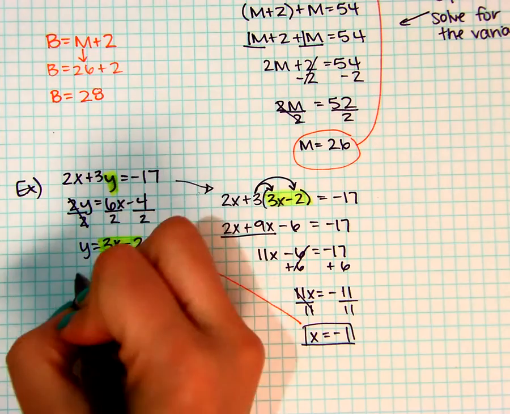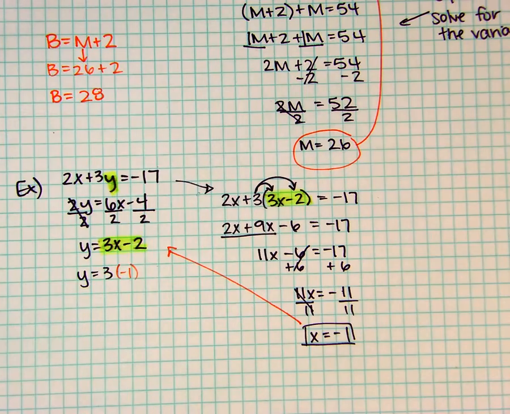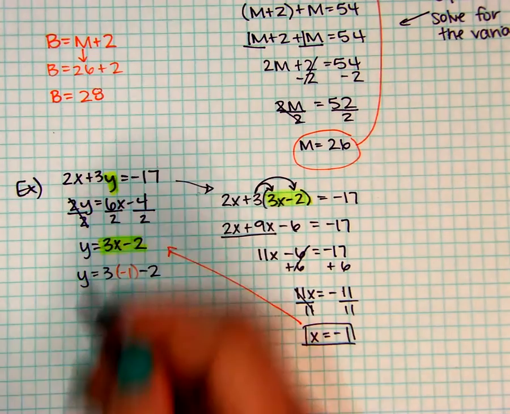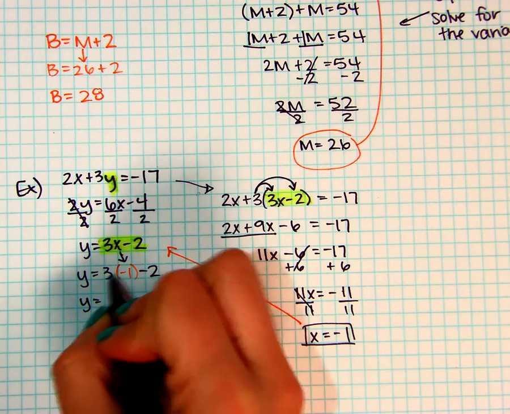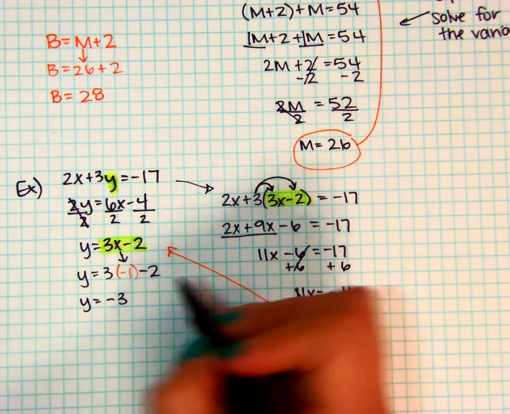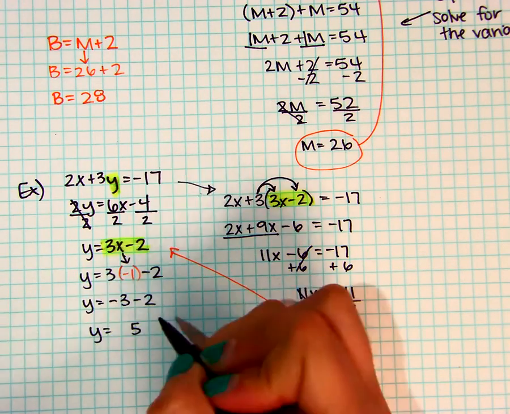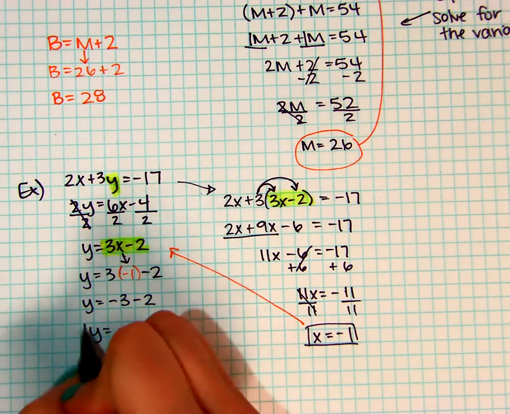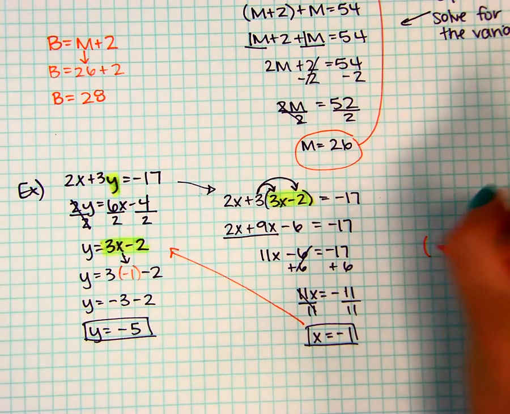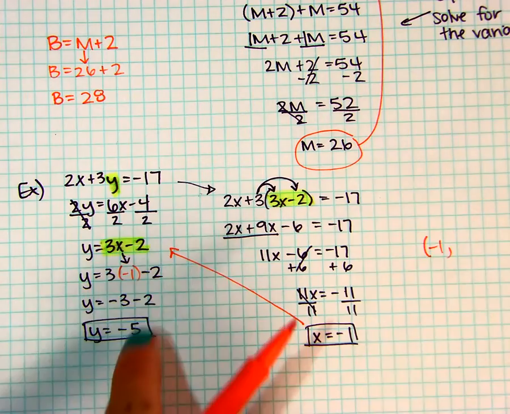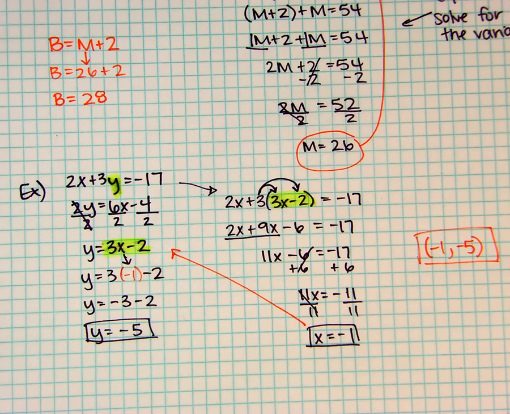So we have y equals 3 times x, which is negative 1, minus 2. Y equals 3 times negative 1 is negative 3 minus 2. Same signs, we add the numbers and keep the sign. So y is negative 5. Our final solution, we have to write it as a point. So x goes first, y goes second. That's my final solution.